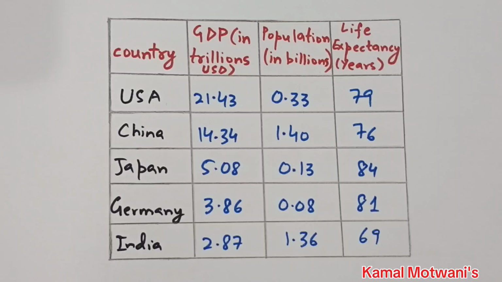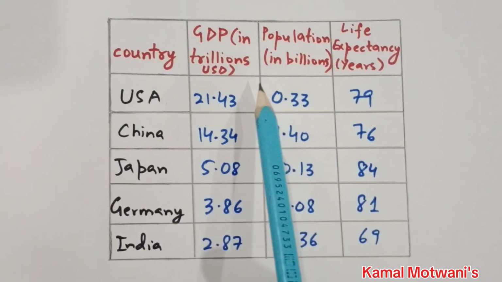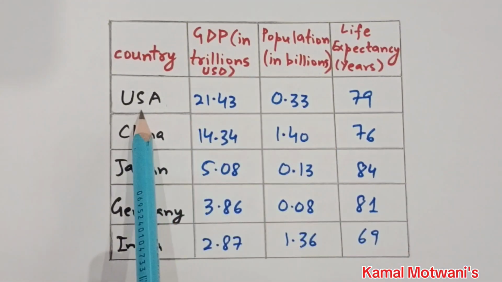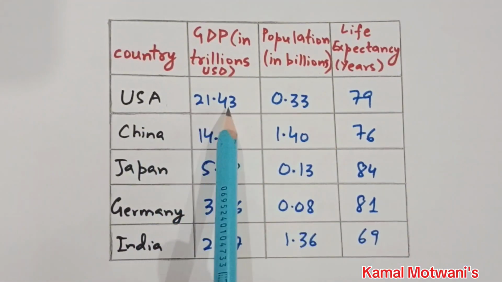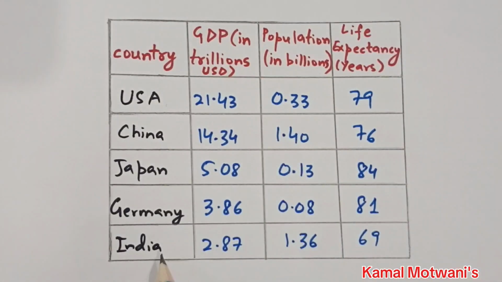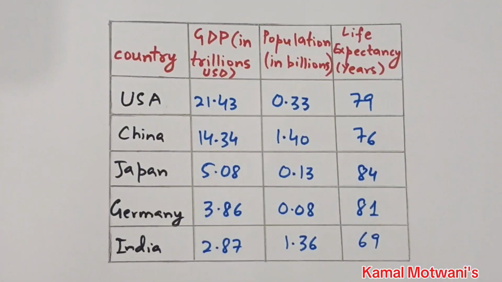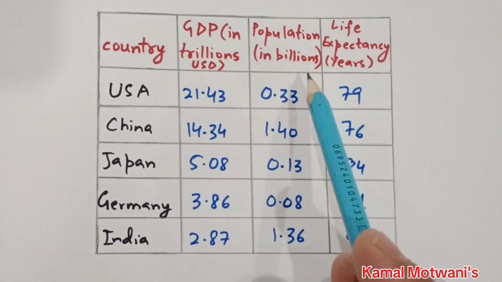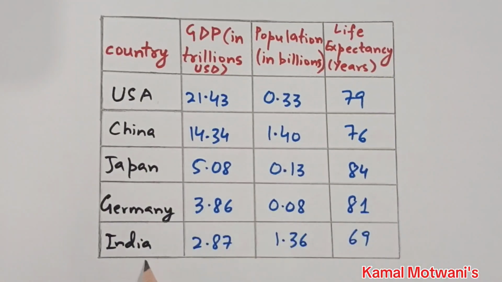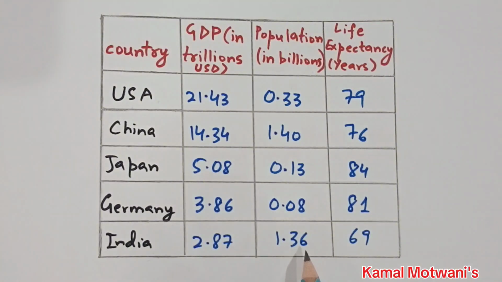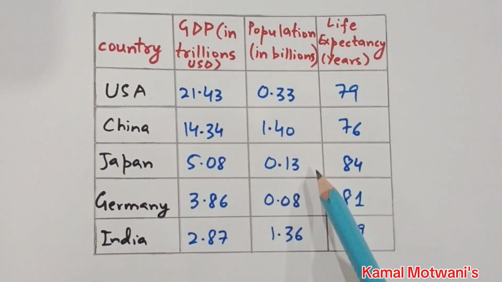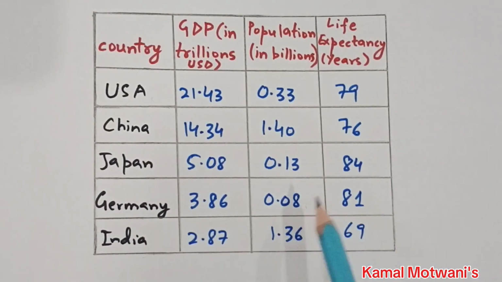So if we analyze this table, we come to know that the country with the highest GDP in trillion US dollars is USA. USA has the highest GDP, which is 21.43 trillion US dollars. And the country with the lowest GDP is India. It has a GDP of 2.87. Then the country with the largest population is India, which is 1.36 billion, and the country with the lowest population in billions is Germany, which is 0.08 billion.